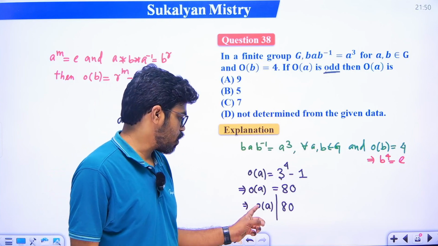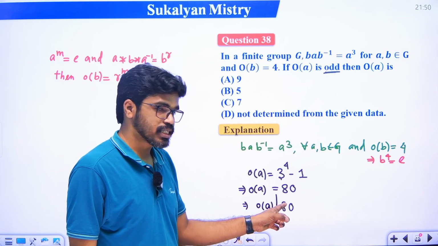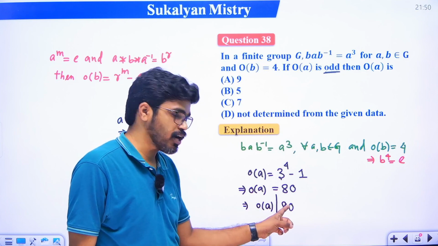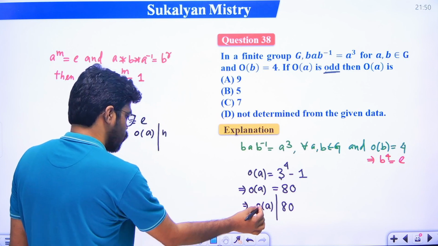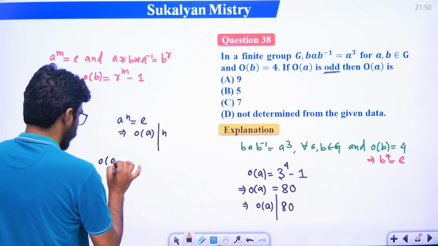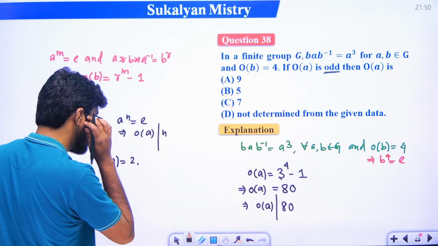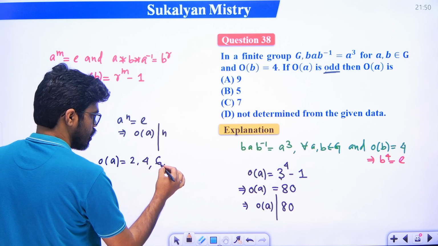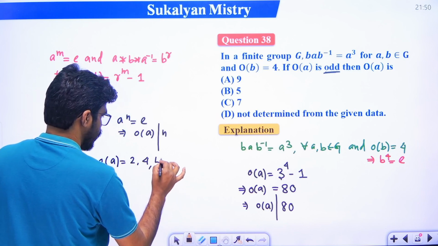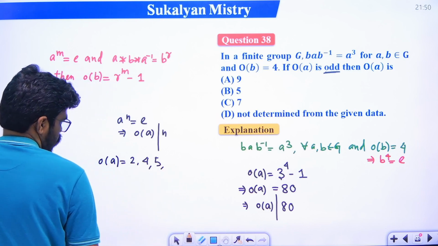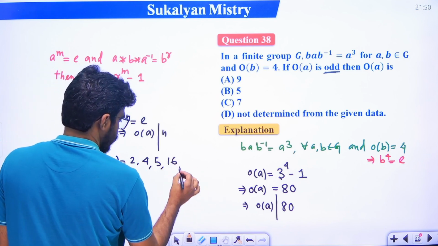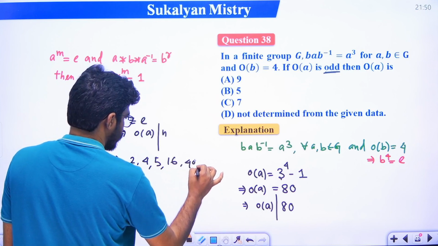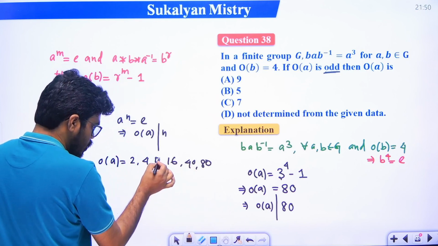The order of A could be 1, 2 divides 80, 3 will not, 4 divides 80, 5 divides 80, 16 divides 80. Look at the possibilities for the order of A. 40 also divides 80, 80 divides 80. Which one is an odd number? 5.